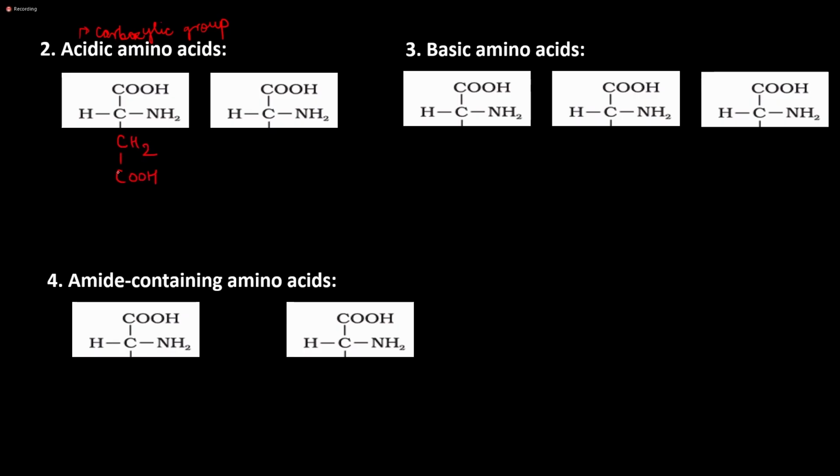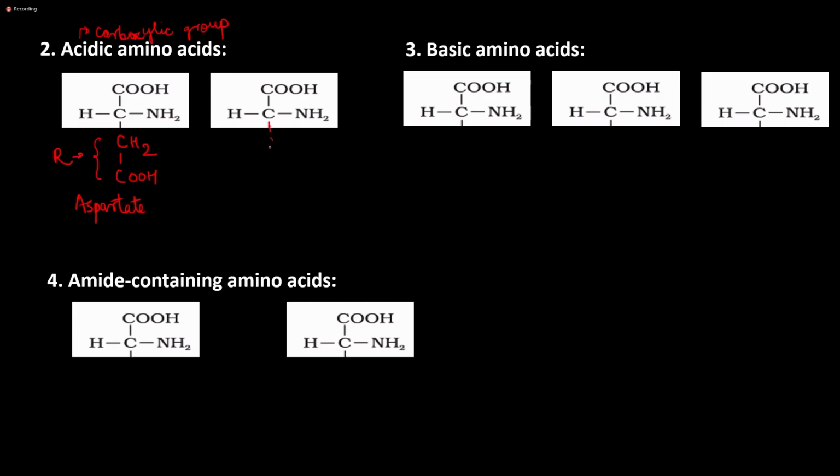So it has CH2 to which a carboxylic group is added. So the R group of aspartate is CH2COOH. Now the second acidic amino acid is called glutamate.